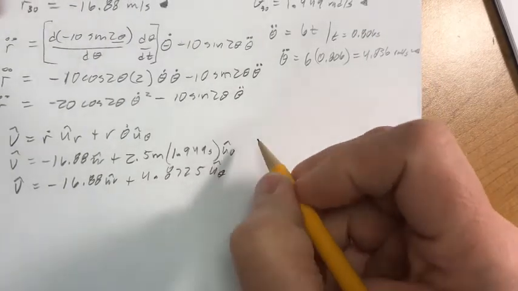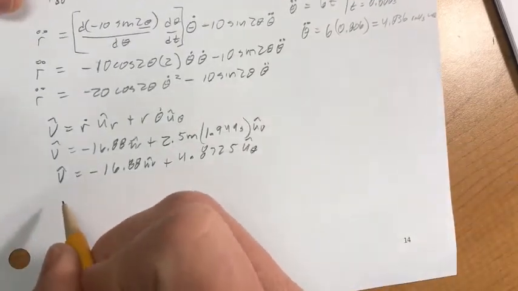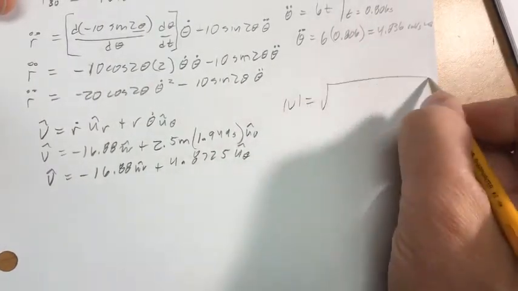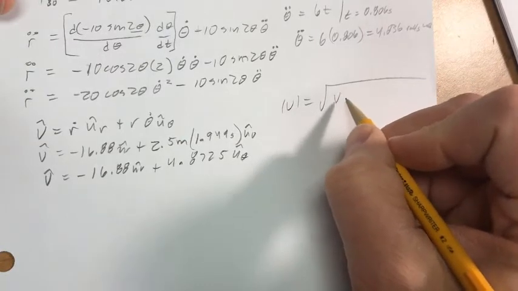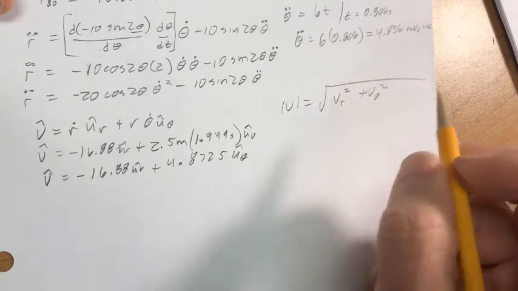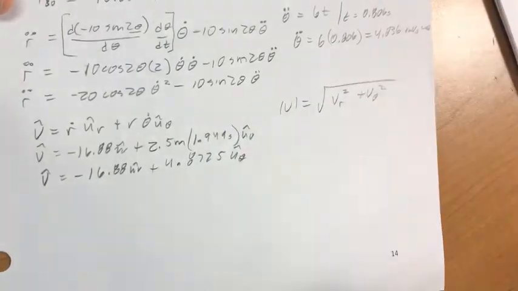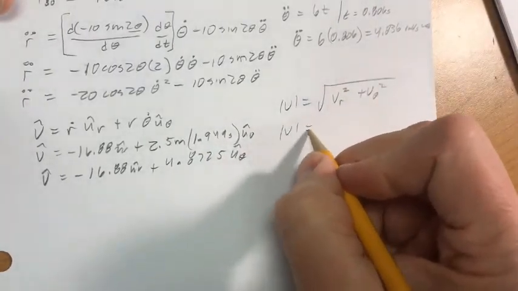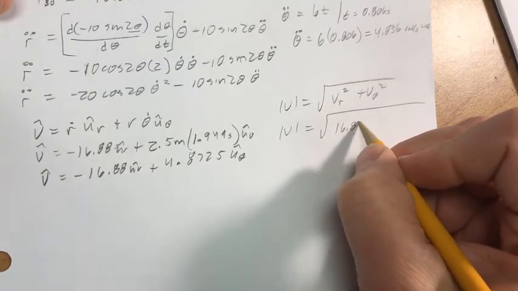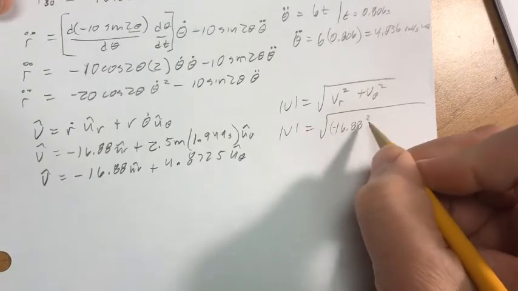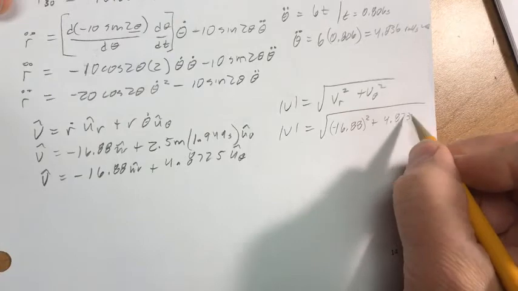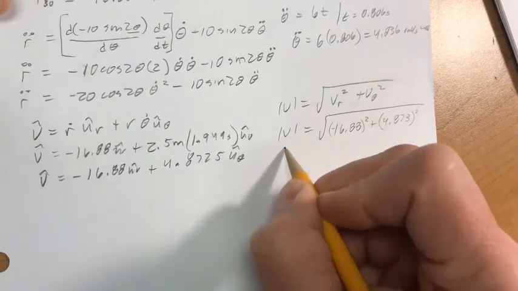But now I can find my magnitude, which equals the square root of velocity in the radial direction squared plus velocity in the theta direction squared. Equals the square root of 16.88 squared, put the negative sign if you want to, plus 4.873 squared.